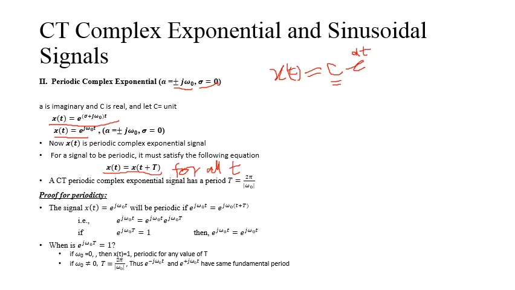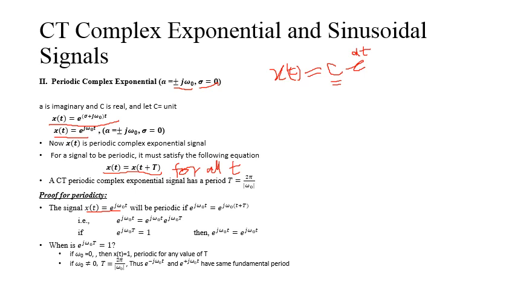Now for x of t to be periodic, because x of t equals e power j omega naught t, let's put this in the equation.